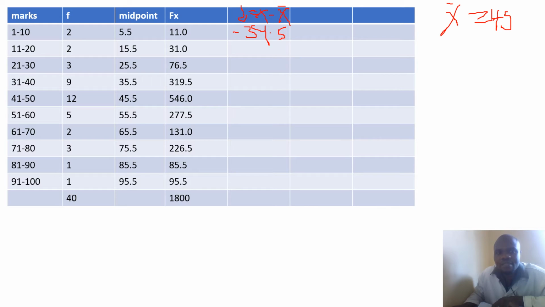And then 15.5 minus 45, you get negative 29.5. And then 25.5 minus 45, you get negative 19.5.